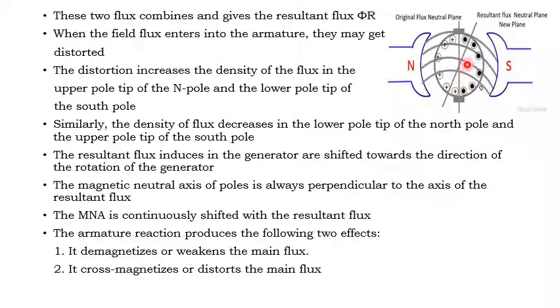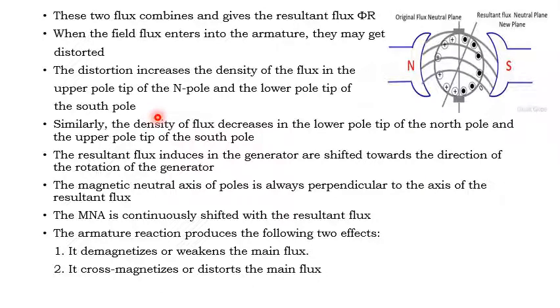When the field flux enters into the armature, it gets distorted, because in the armature there will be an armature field. The distortion increases the density of the flux in the upper pole tip of the N pole and the lower pole tip of the south pole.